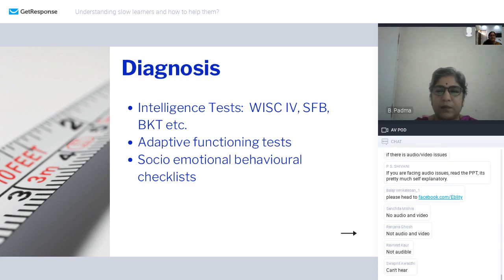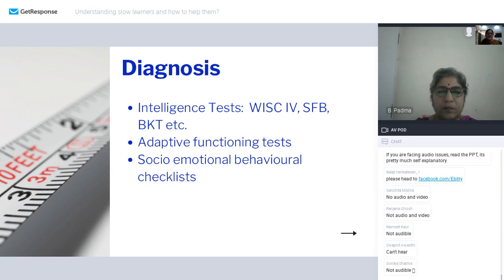The intelligence tests are mostly performance and verbal tests, such as Wechsler's Intelligence Scale for Children, 4th edition, Seguin Form Board, Binet Kamat test, and the adaptive functioning tests are adaptive behavior scales, Vineland adaptive behavior scales, diagnostic adaptive behavior scales, and for social development we use Vineland social maturity scale and certain behavioral checklists to find out the maladaptive behaviors of slow learners. So diagnosis becomes the crux of identifying children and diagnosing them as slow learners.